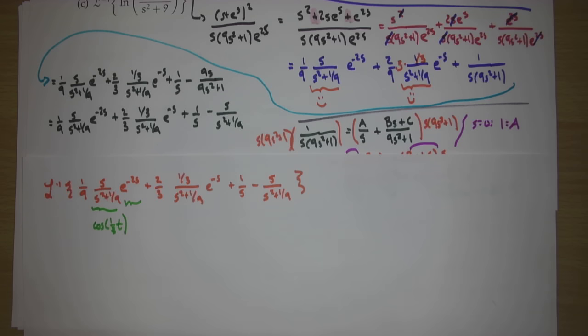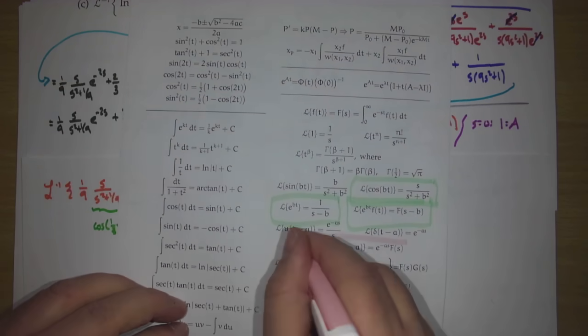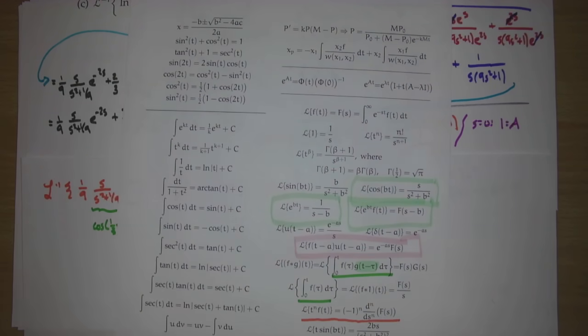Okay, so when we see e to the minus 2s, that's something we haven't talked about before. Where does that come into play? So if you ever see e to the minus something s, that's an on-off switch has occurred.